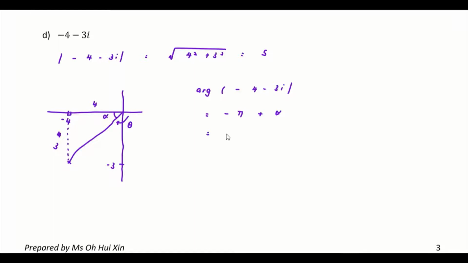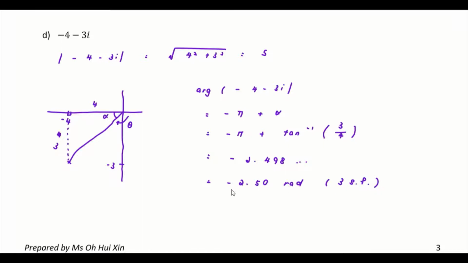So negative pi plus tan inverse, opposite is 3, then 4. Then we solve it, 2.498 and so on. So change it to 3 significant figures, then we get our answer.